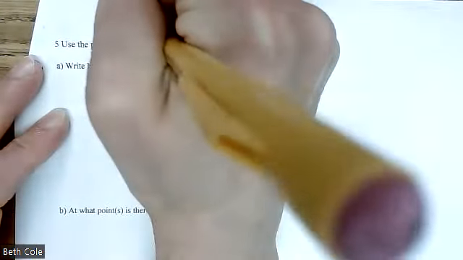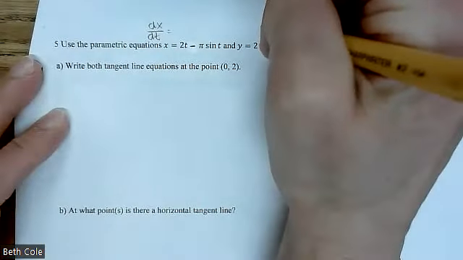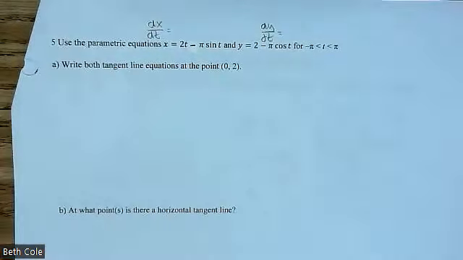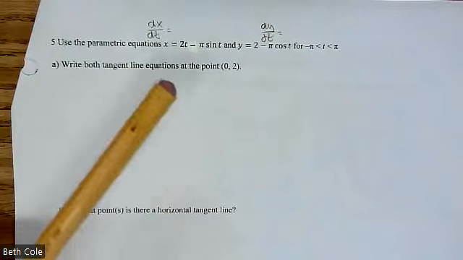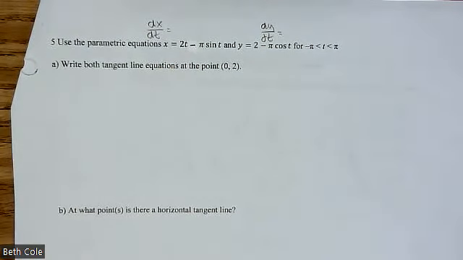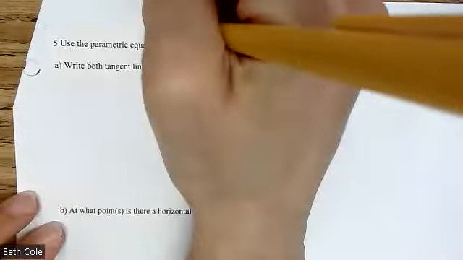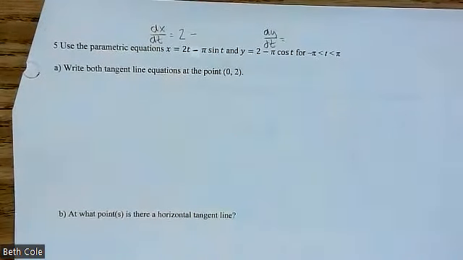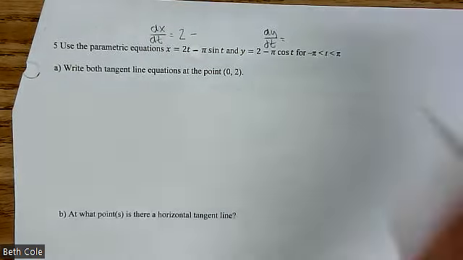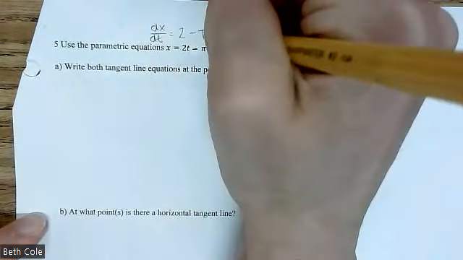Let me just write right above here. We'll do dx/dt and dy/dt. And so what's our derivative for x? 2 minus pi cosine t. Good.